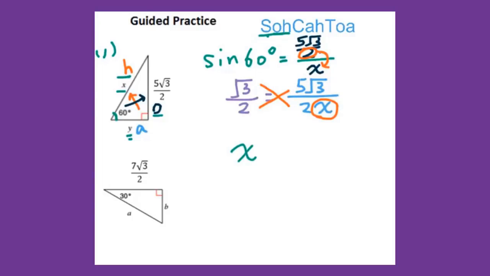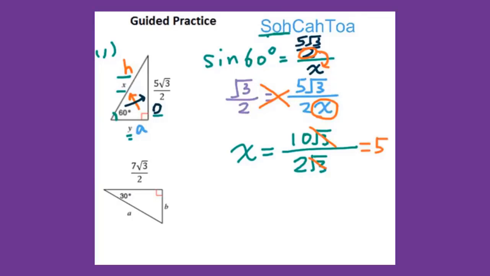That's why I will get X equals 2 and a square root of 3 on the same line, so 2 square root of 3. Then the top will be 2 times 5 square root of 3. That's 10 square root of 3. So reduce 10 divided by 2 will be 5.